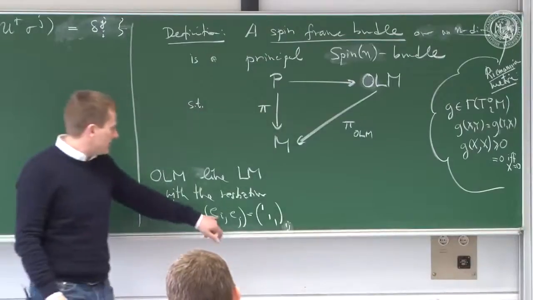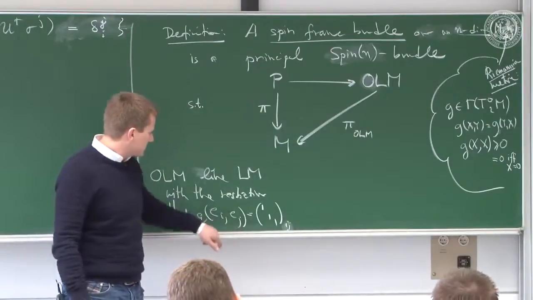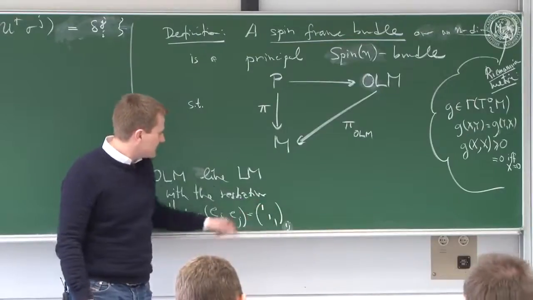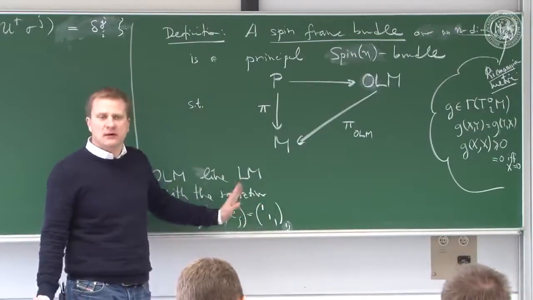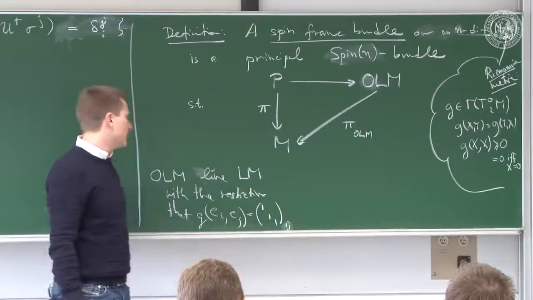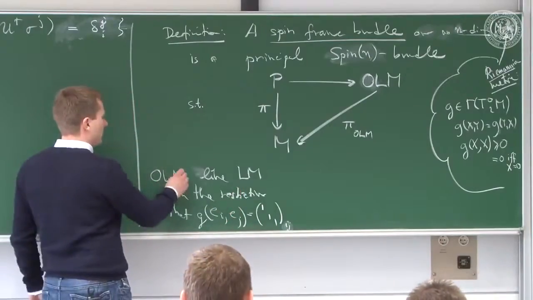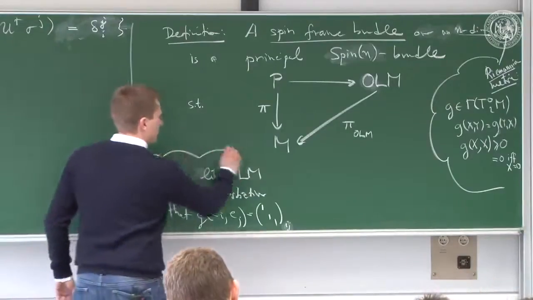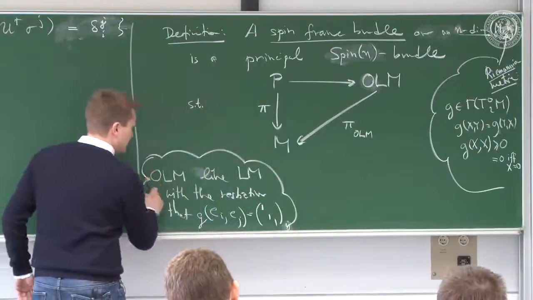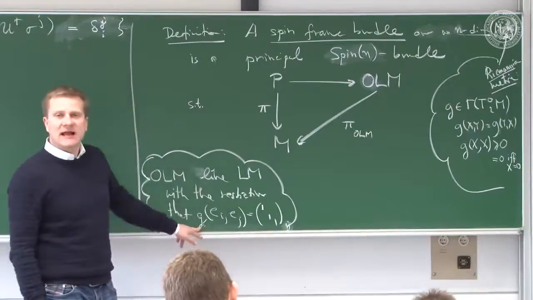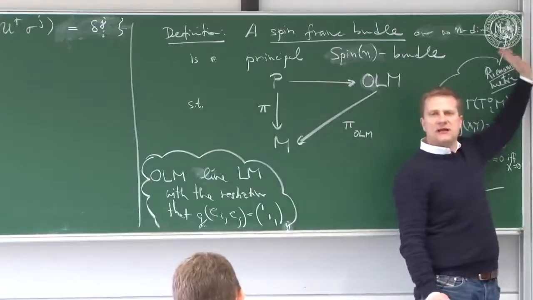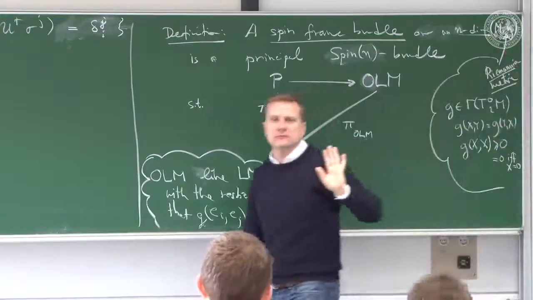That only if I take the first with the first, I get 1, and that all the first with the second gives you 0, so they're orthogonal to each other. They're orthonormal. Okay? And so this is the orthonormal frame bundle. It's like this one, but I restrict to only frames that satisfy this condition. And in order to do so, I need a Riemannian metric. I can't do this on a smooth manifold. Okay.